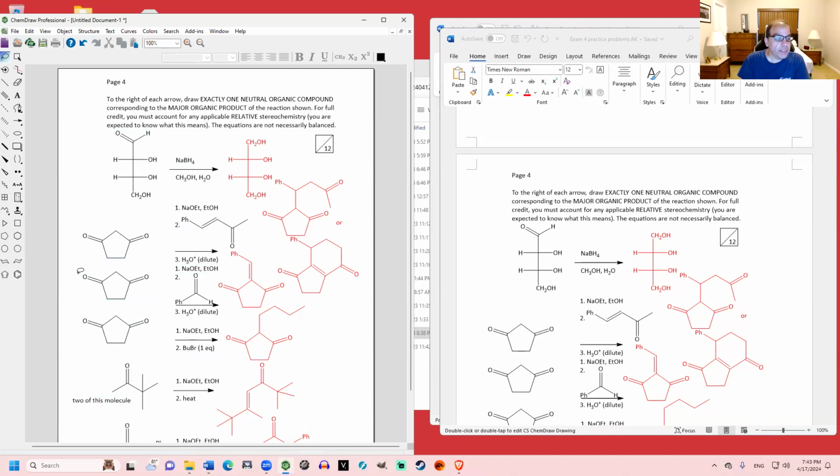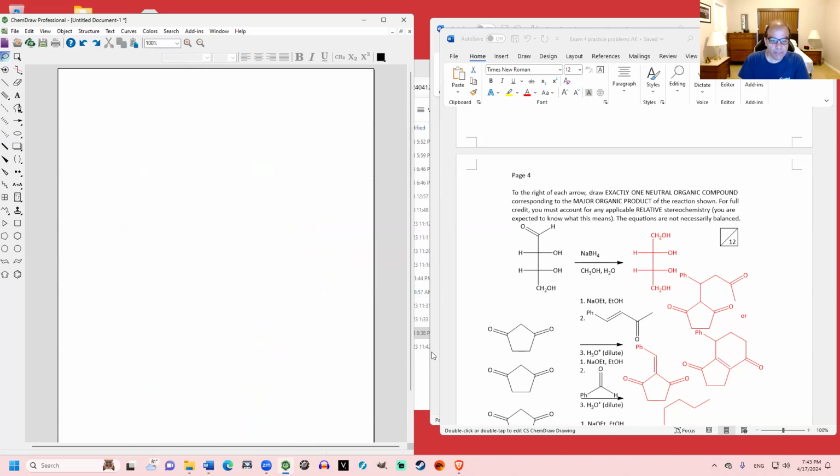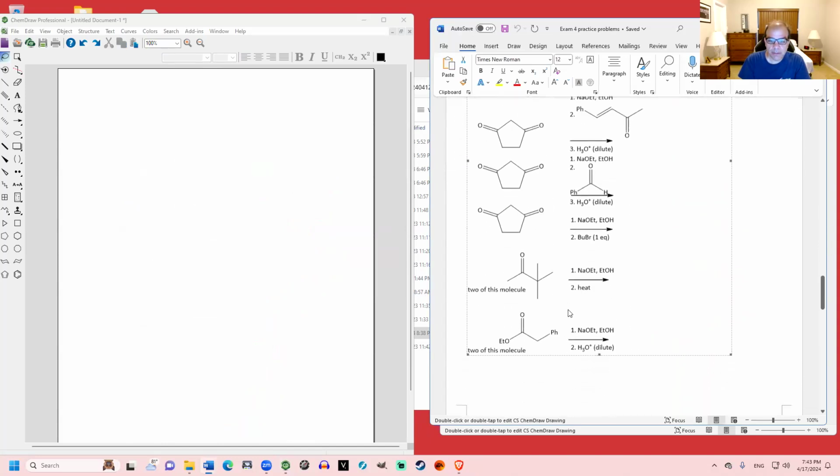For the next one, it might also be helpful to write out the mechanism. Oh, wait, I don't want to take it from the answer key. I want to take it from the blank exam.